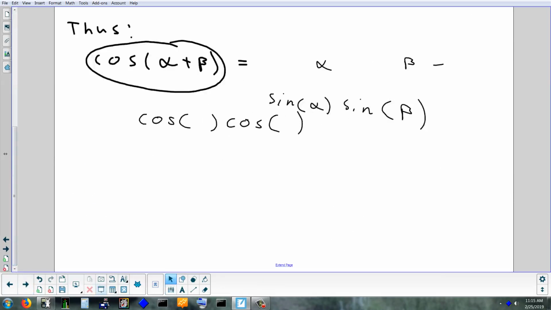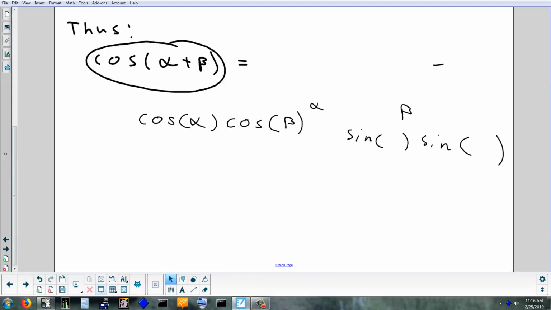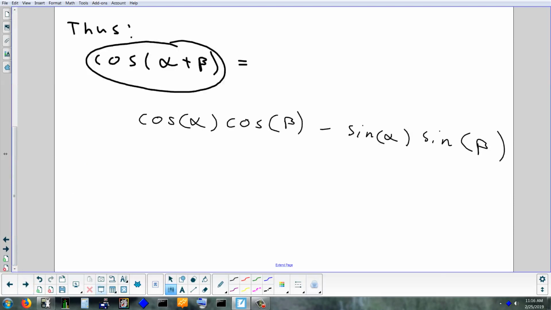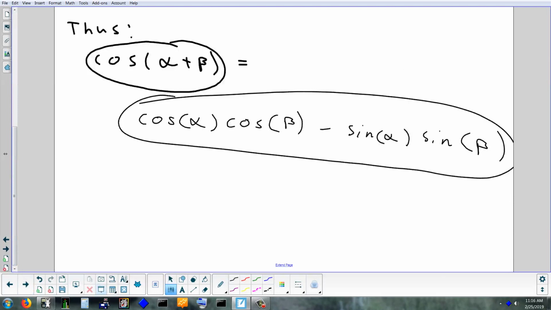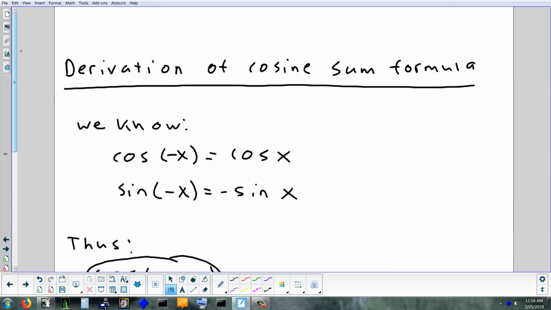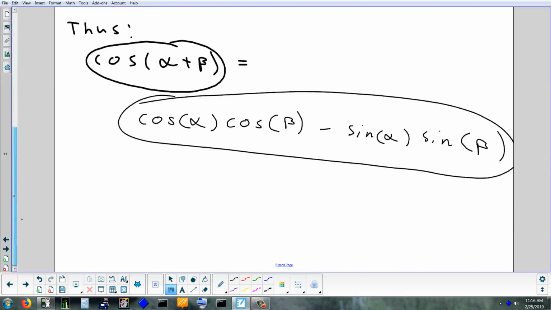Other than that, it's the same formula. In fact, you know what? Why don't I just try to put it on one line? There you go. So it's cosine minus sine. And that is, if you want to label it, the cosine sum formula. We didn't really prove where it came from, that's fine. Just write down cosine sum formula.